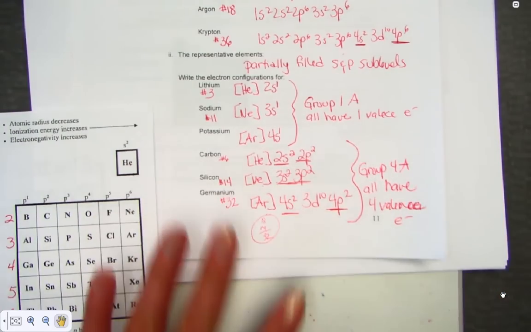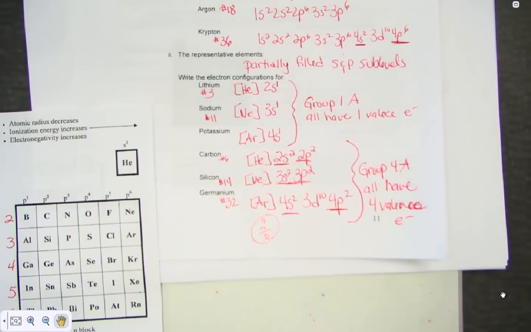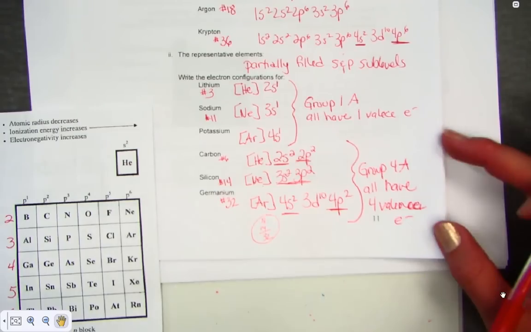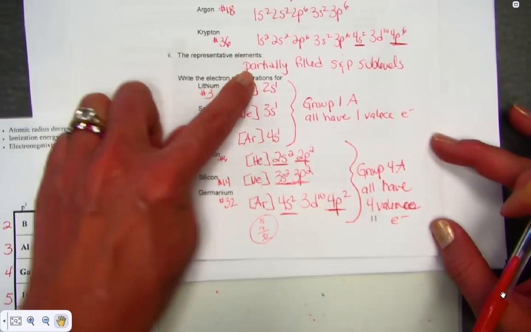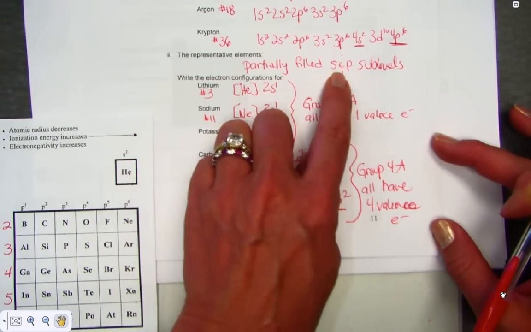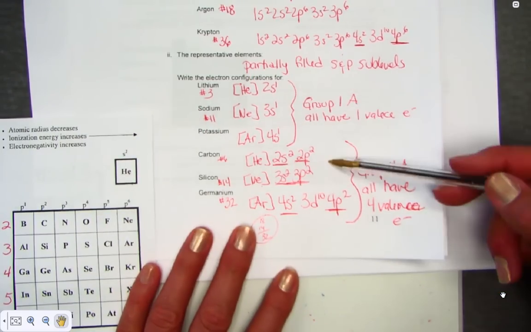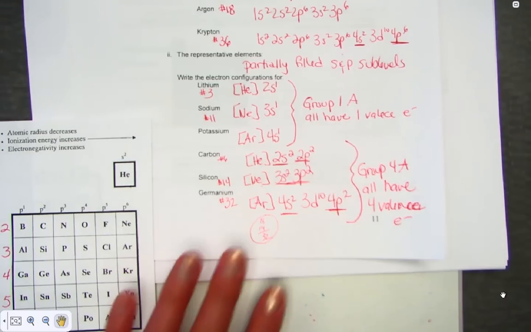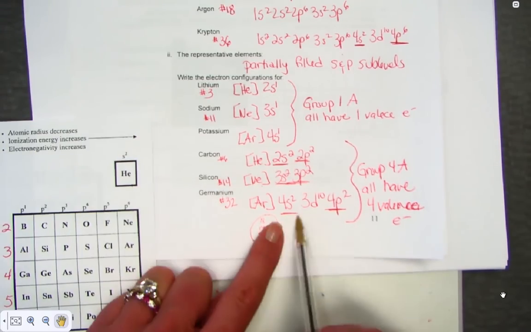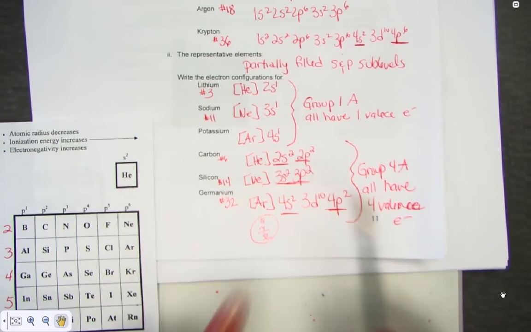All have 4 valence electrons. Representative elements have partially filled s and p sublevels. The number of valence electrons matches their group number. The highest energy level occupied matches their period number.